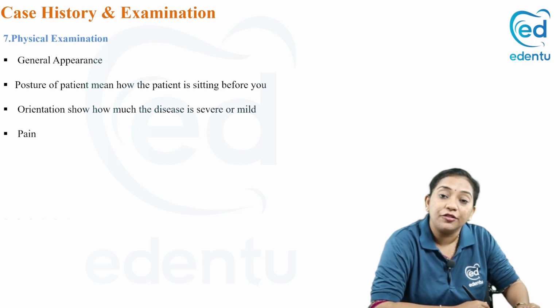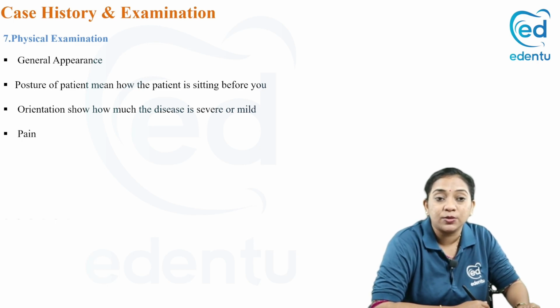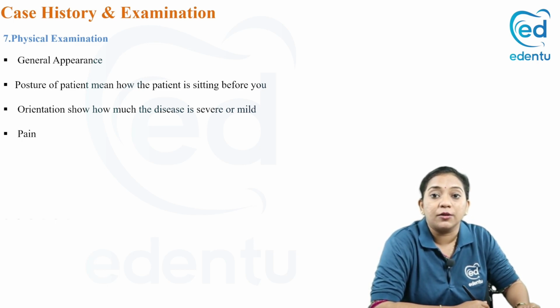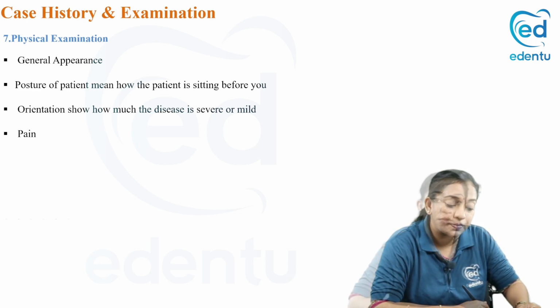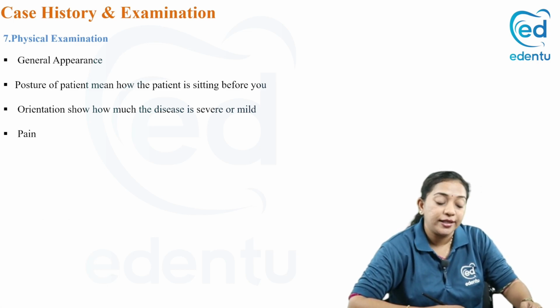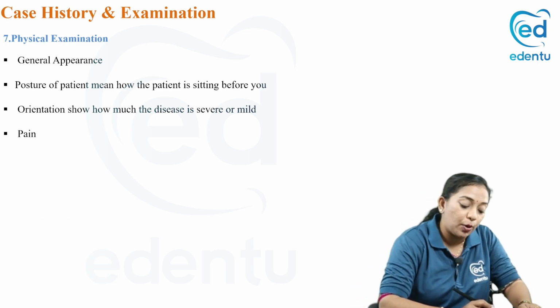Next, we'll see about the physical examination. In physical examination, generally we see the patient's overall features, that is the posture, the way he speaks, whether he is well oriented or not, whether he is replying properly, whether he is conscious. Everything comes under physical examination. Next, about the vitals. Vital recording is also very important.